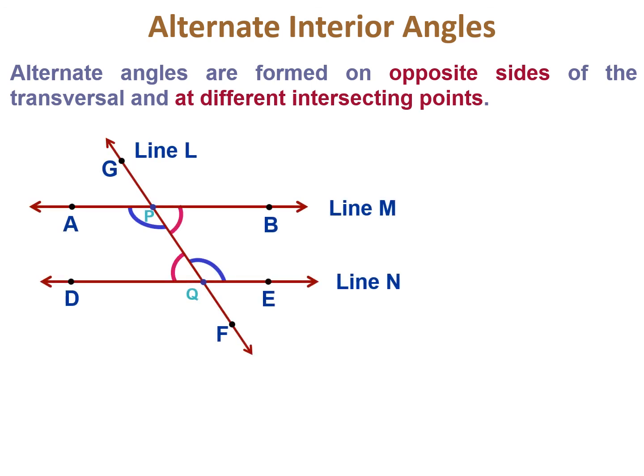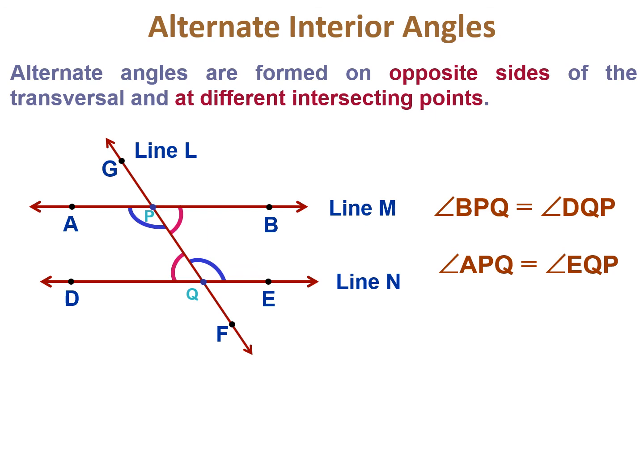Alternate angles are formed on opposite sides of the transversal and at different intersecting points. So we now have here angle BPQ is congruent to angle DQP. This one here should be congruent.